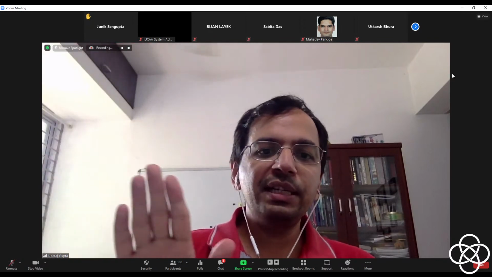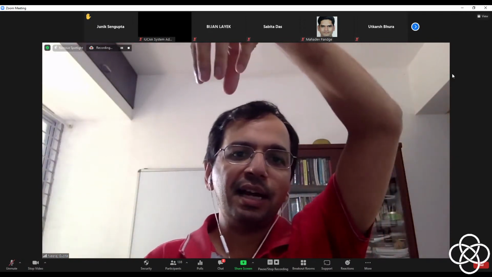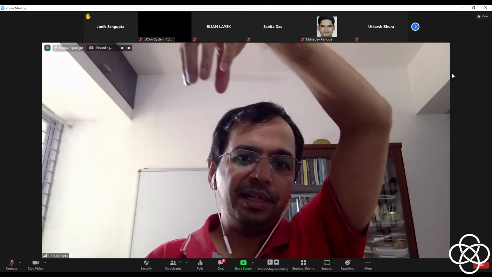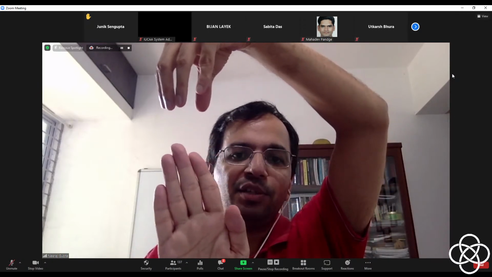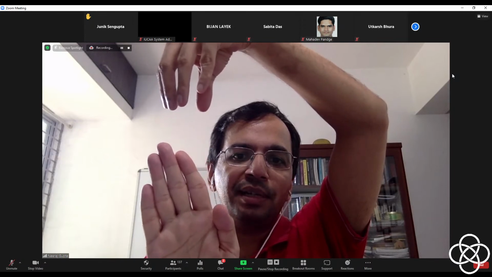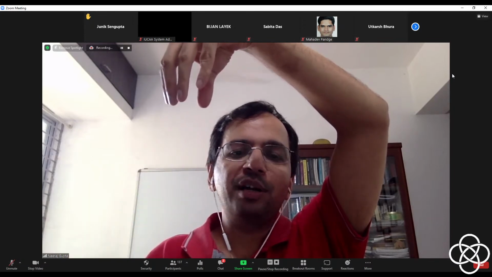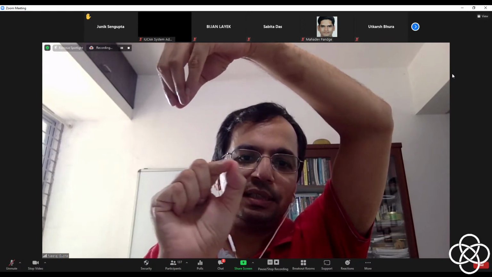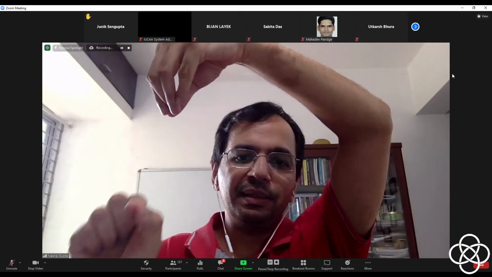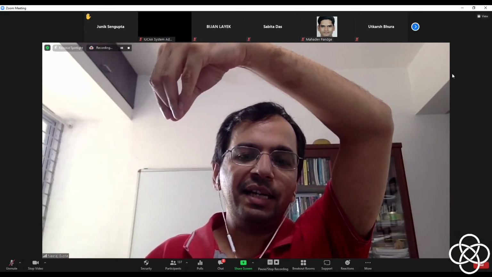At a certain location in the sky, this emitter is there. So when the antenna is pointing towards it, the strength of the signal will go up, and when it moves away, it will go down. So when you make a graph of this signal, it will show a profile like that.